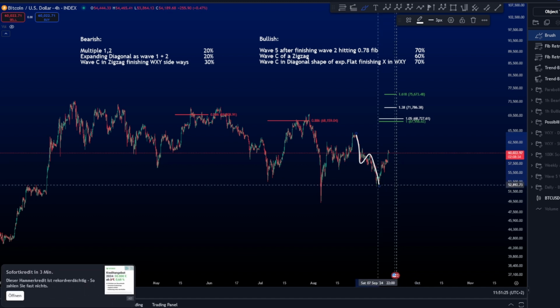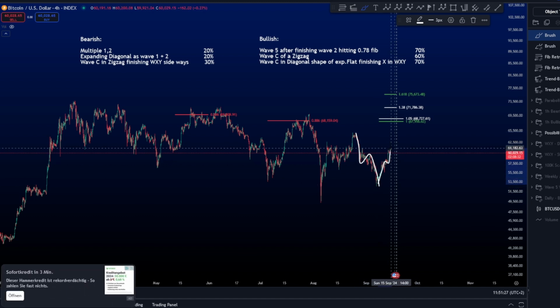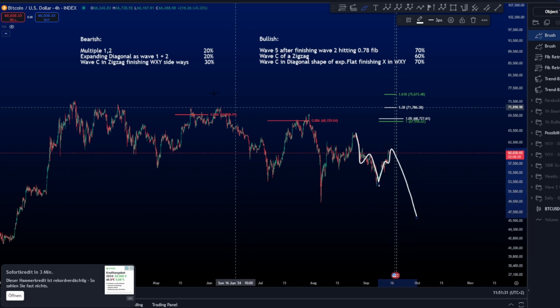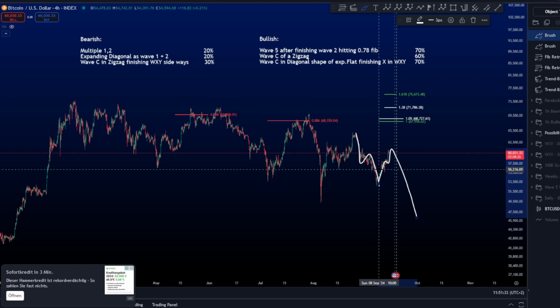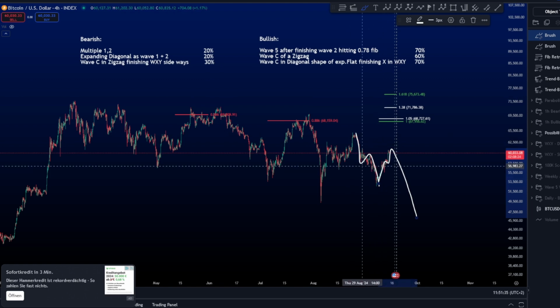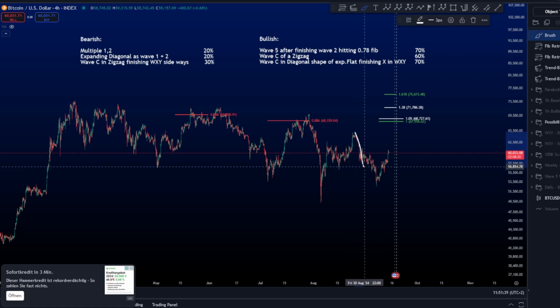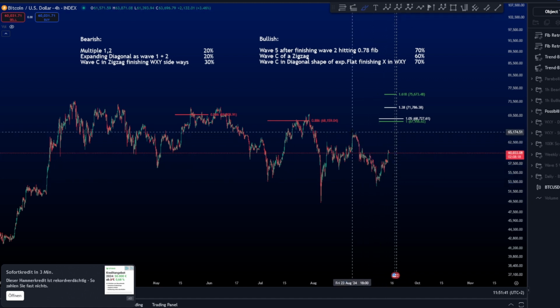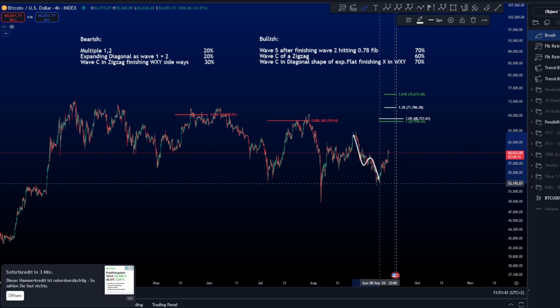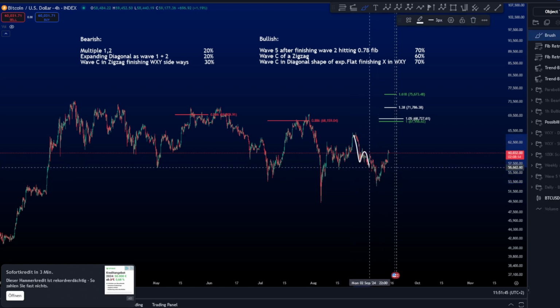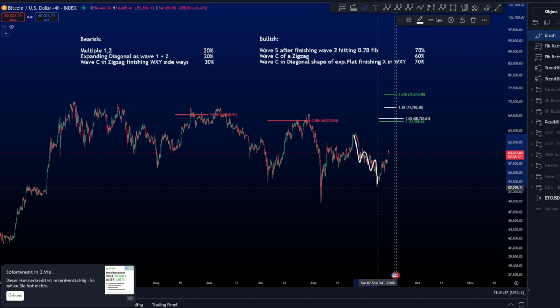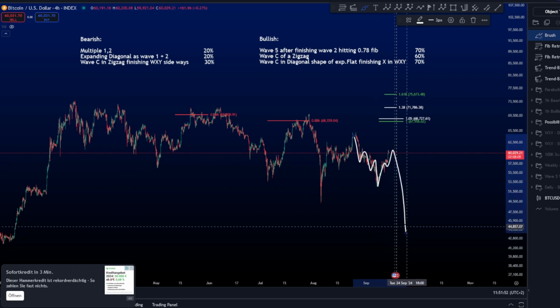Okay, if we are looking here for 3 waves towards the upside as WXY, then I would look for 5 waves towards the downside, which is the next scenario coming now. However, this cannot be considered as 1, 2 still, because we cannot really see an impulse. Now, a diagonal, possibly it could be a possible diagonal, and then 1, 2, 3, then we see an impulse, which it has.